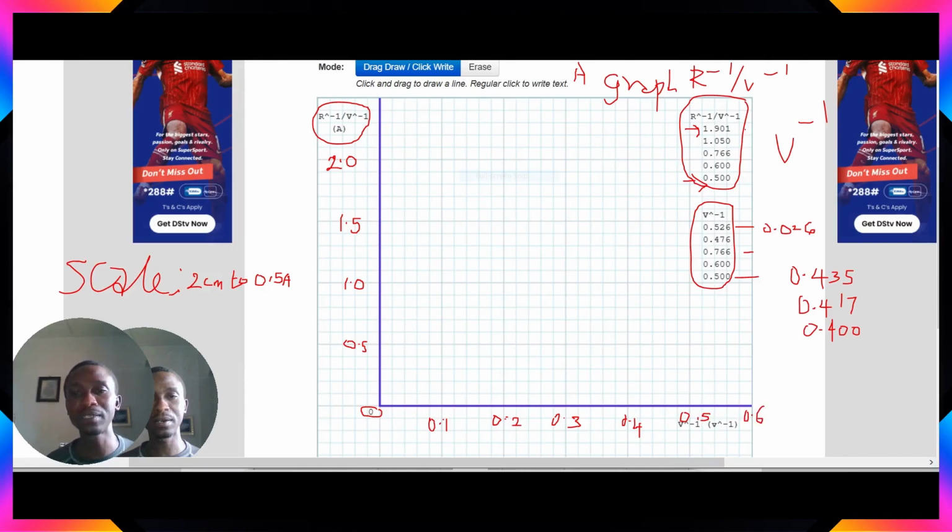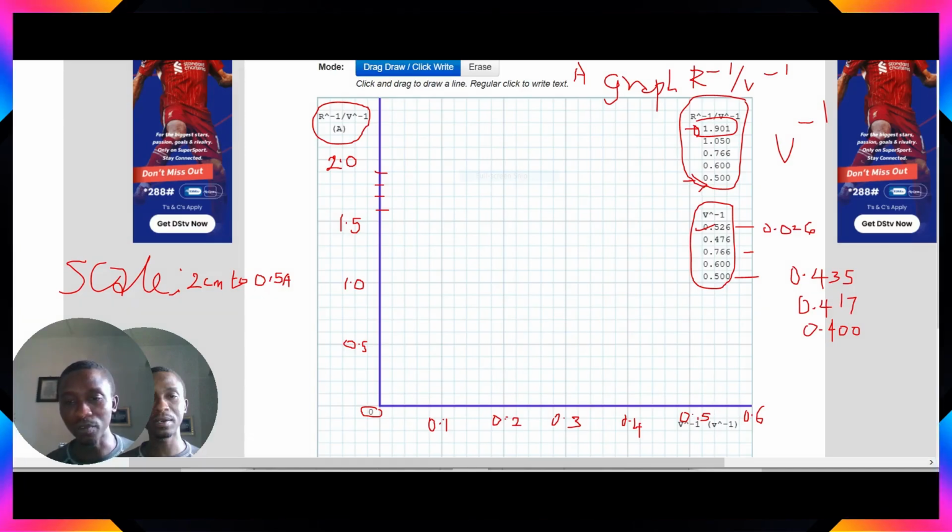Now the next thing is to plot the values. When R is 1.9, V at that moment is 0.526. If this is 1.5, this is 1.6, 1.7, 1.8, 1.9. So 1.9 is here. Then 0.526.